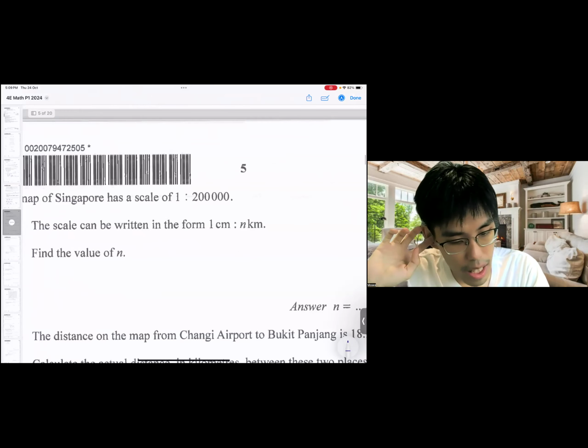Because angle DCA is not 90 degrees, therefore DC is not perpendicular to AC, and therefore DC is not a tangent to the circle.